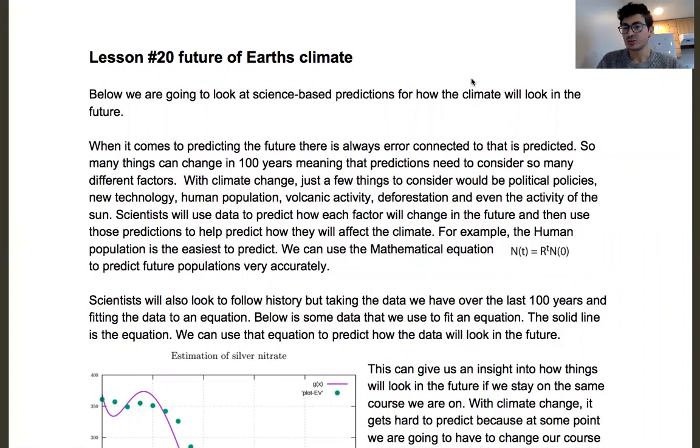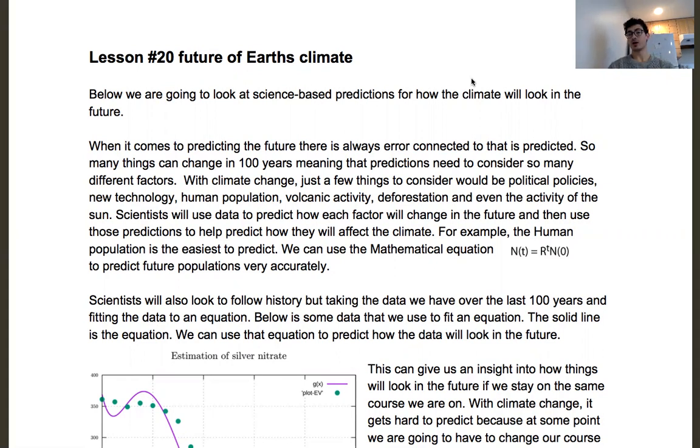I'll talk about that more in a second, but if we're trying to make predictions of the future, it's important to consider some of the factors that are going to affect what you're predicting. For climate change, some of the factors that affect how we, as humans, are going to react to climate change are political policies, new technology, human population, volcanic activity, deforestation, and even the sun.